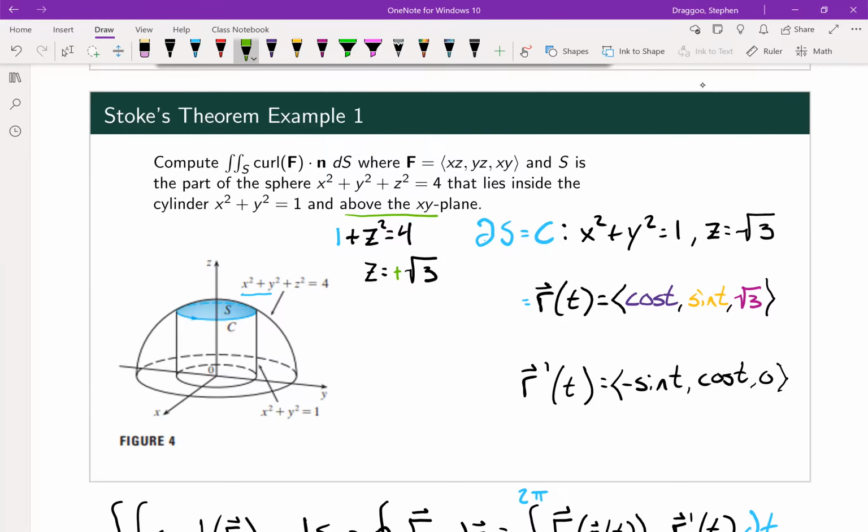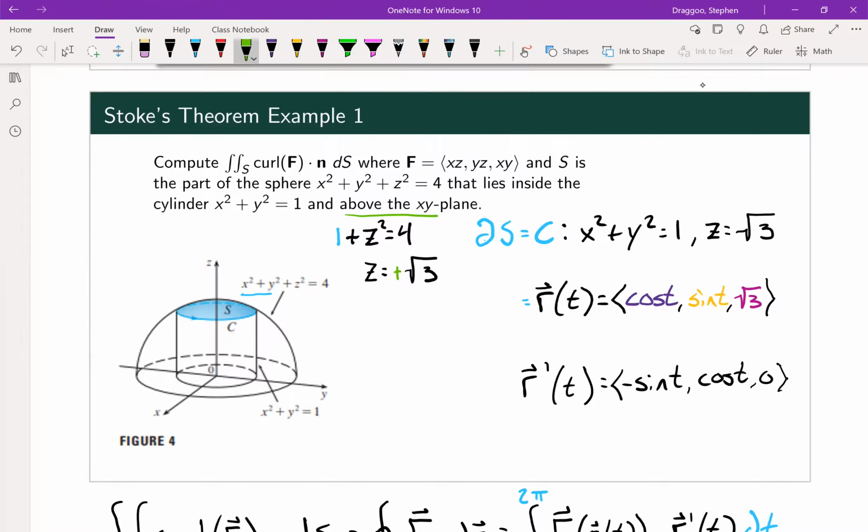So now that we have our two boundary equations, one of those is the cylinder, x squared plus y squared equals 1. The other is just the equation z equals the square root of 3. We can parameterize those two pieces to come up with r of t. We're going around a circle, so we're going to use cosine and sine for x and y.